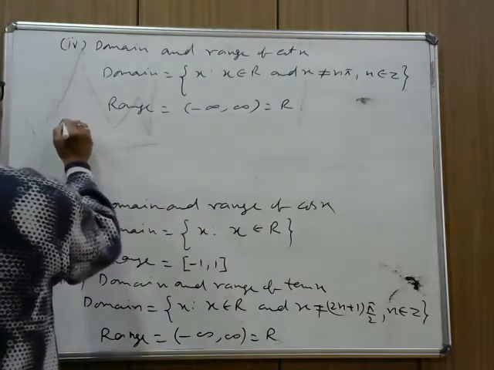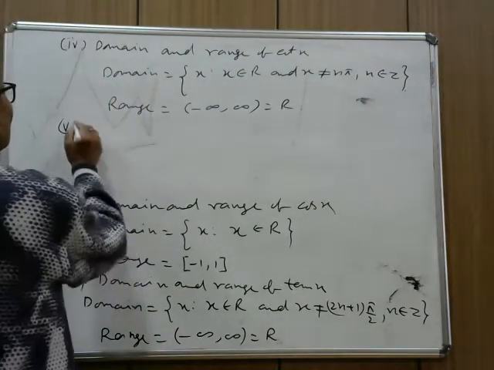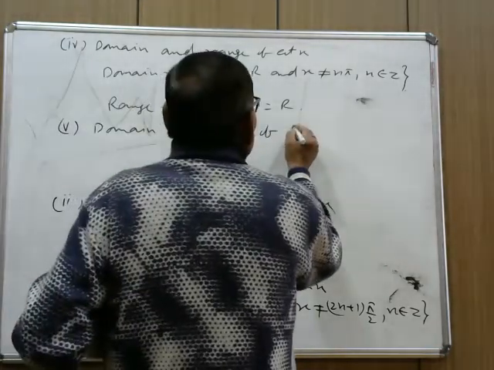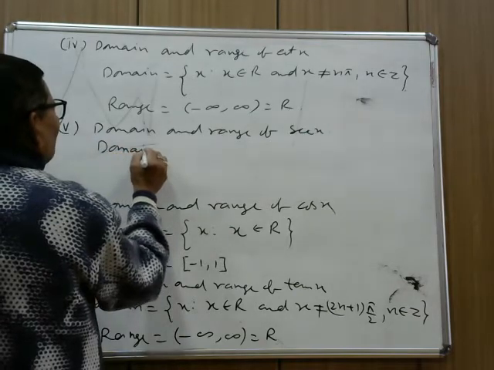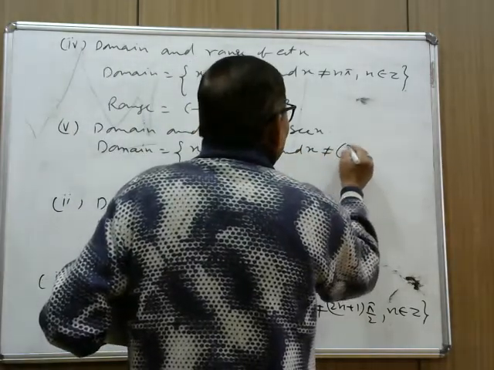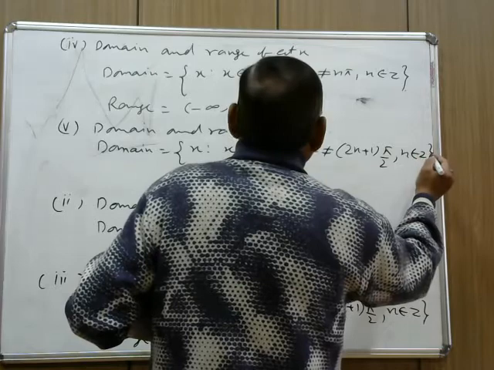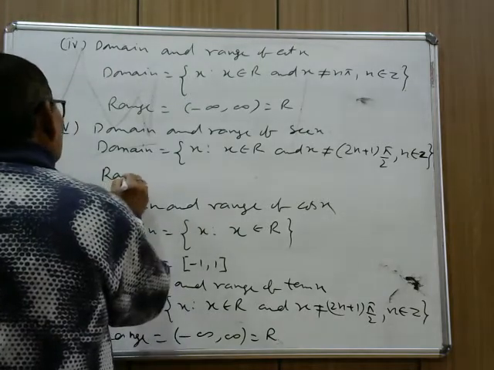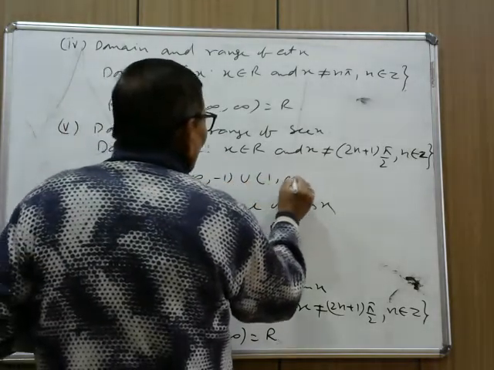Now fifth, domain and range of sec x. Your domain is defined as all x such that x belongs to R and x is not equal to (2n plus 1) into pi by 2, n belongs to Z. And range is equal to minus infinity to minus 1 union 1 to infinity.